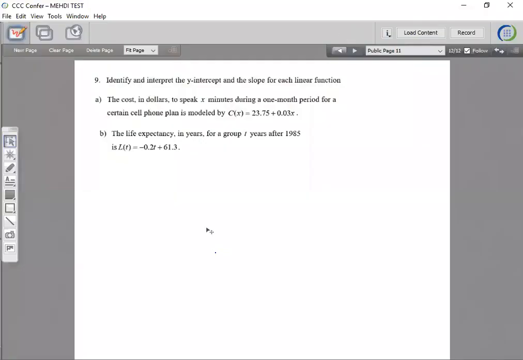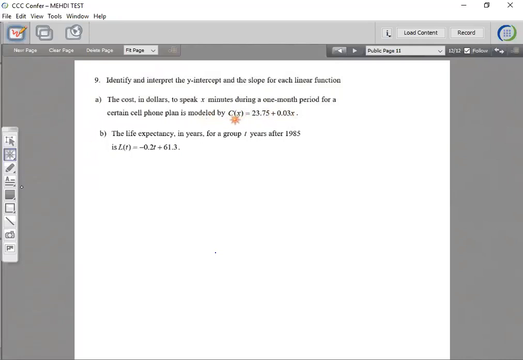Okay, so in this example here, we just want to find the slope and y-intercept. In this case, it says identify and interpret the y-intercept and the slope of each linear function. For part A, it says the cost in dollars to speak X minutes during a 1 month period for a certain cell phone plan is modeled by this equation.